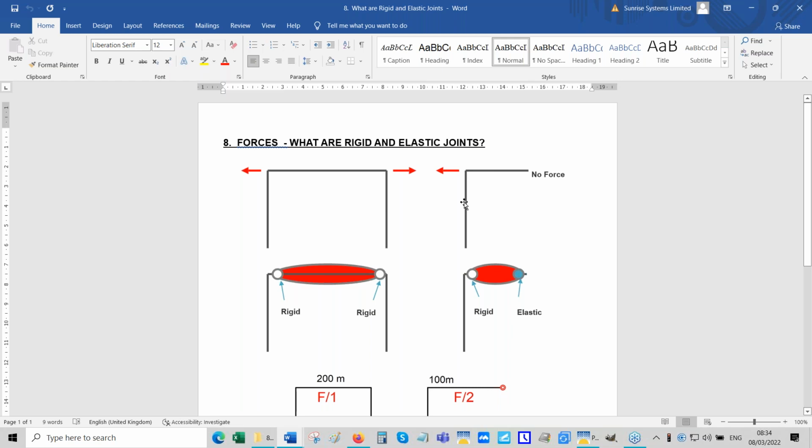The pipe could, of course, be restrained here or there. But the fundamental point here is, as I said earlier, what PIPENET calculates is the force that the fluid exerts on the pipe. This is a fundamental point.